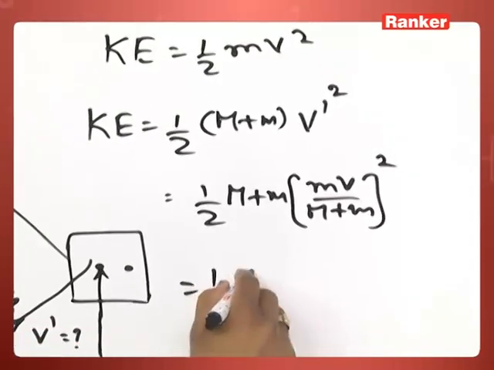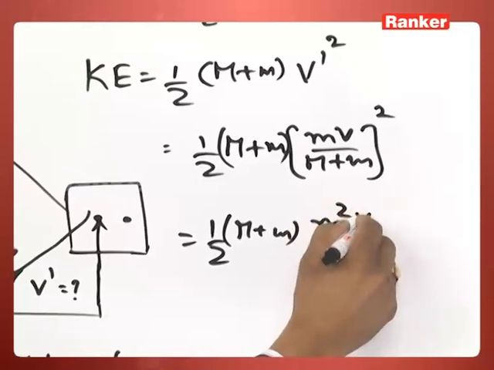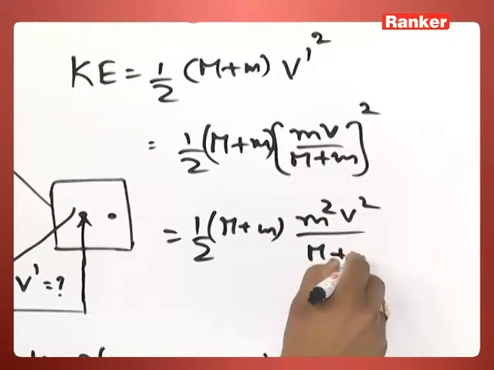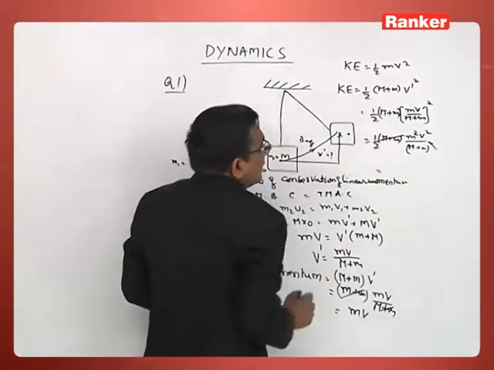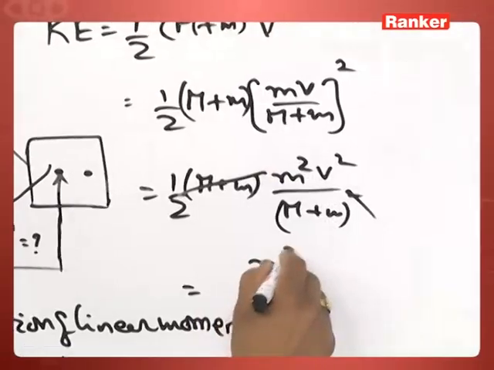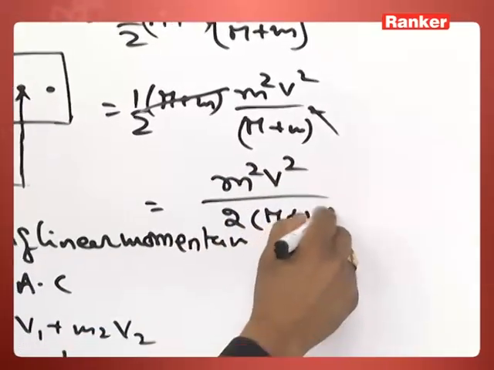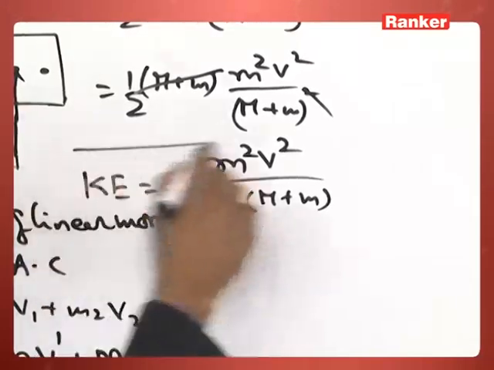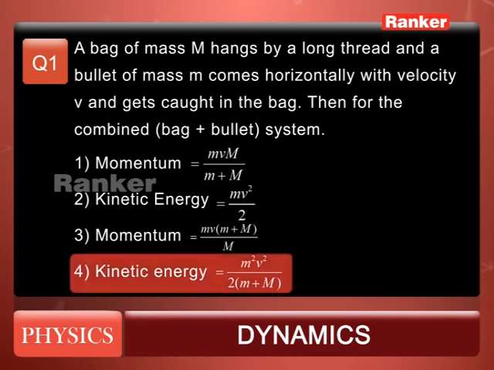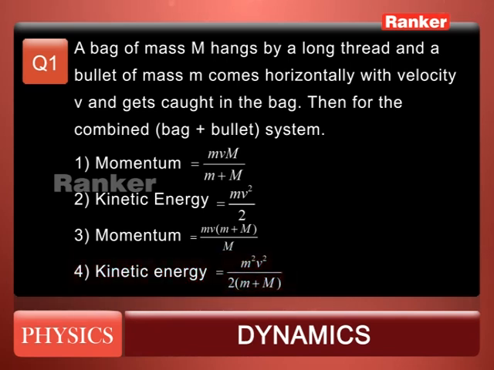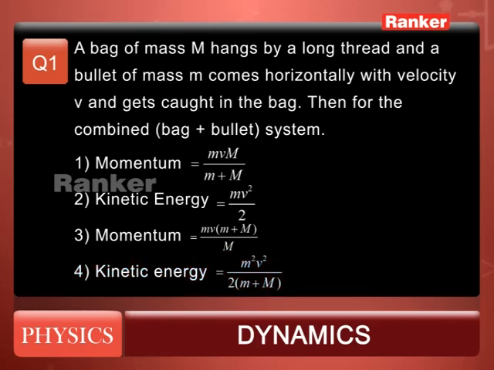If you simplify, this is m square v square by (m plus M) whole square, so one factor of (m plus M) gets cancelled. Then you get m square v square by 2 into (m plus M). This is the kinetic energy of the combined mass of the system. If you verify the options, the fourth option, kinetic energy m square v square by 2 into (m plus M), will be the correct option for this question.